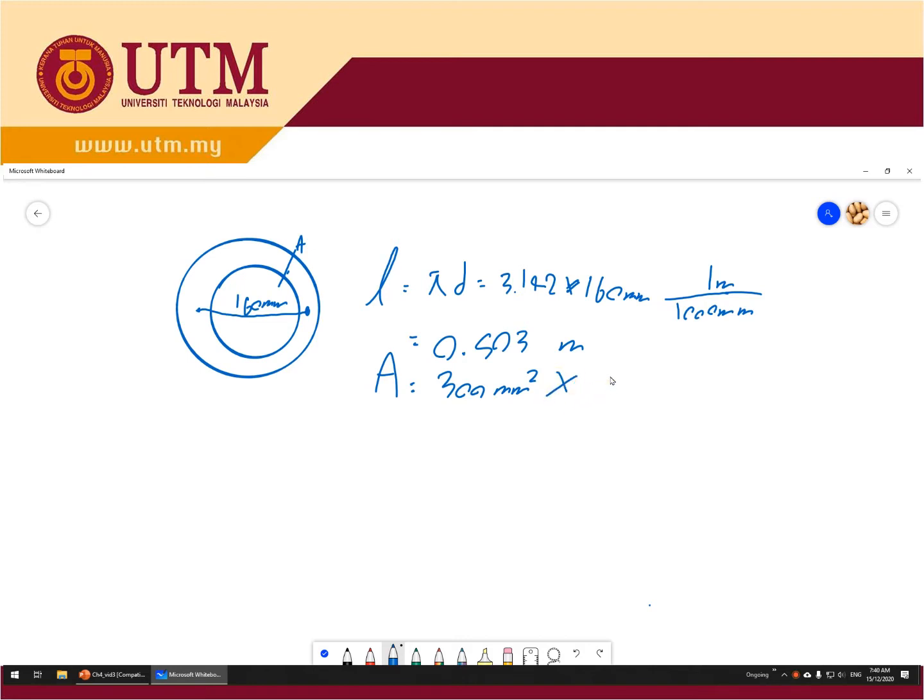So multiply by 1 meter divided by 1000 millimeter, and don't forget to square because we have a square. Changing this, you get 3 multiplied by 10 negative 4 meter square. Make sure you know how to change the unit. For area, don't forget you have to divide by 1000 two times. Please understand how to convert this.